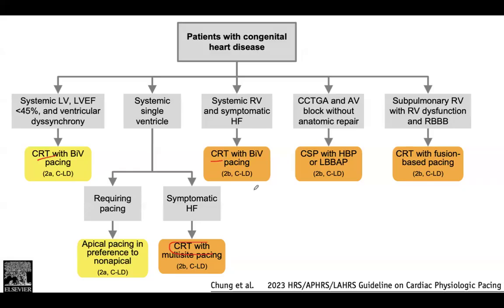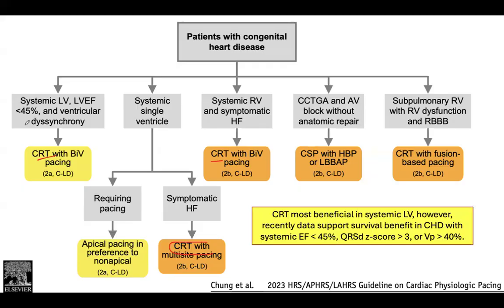So going forward, if I have patients with congenital heart disease with decreased function, we can always attempt CRT for such patients in order to try to improve their function, whether it's systemic RV or systemic LV.